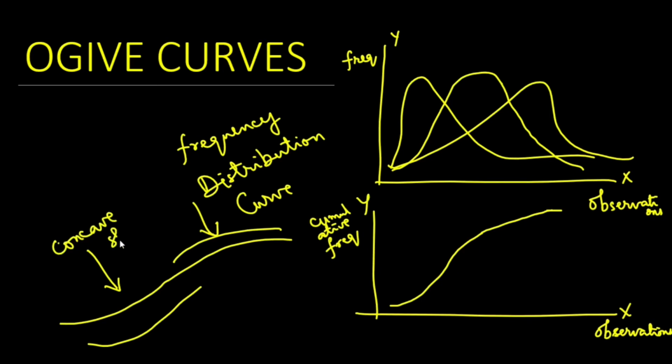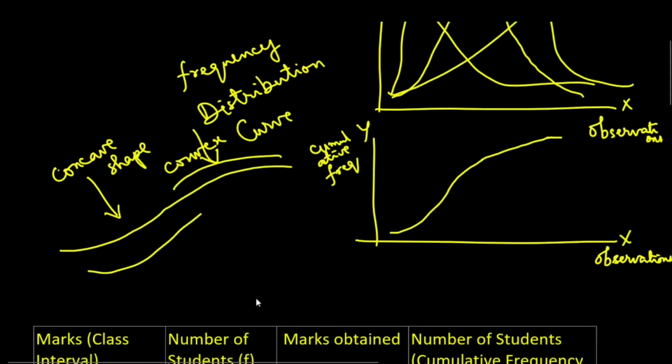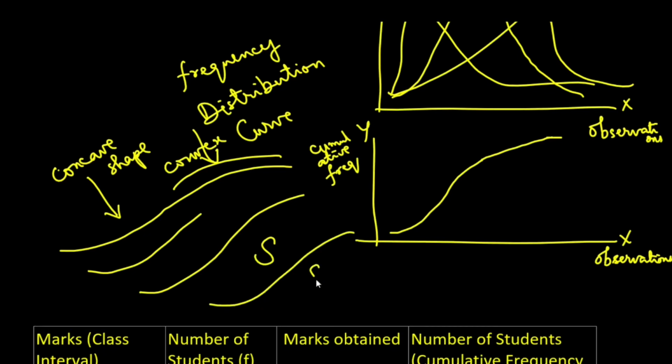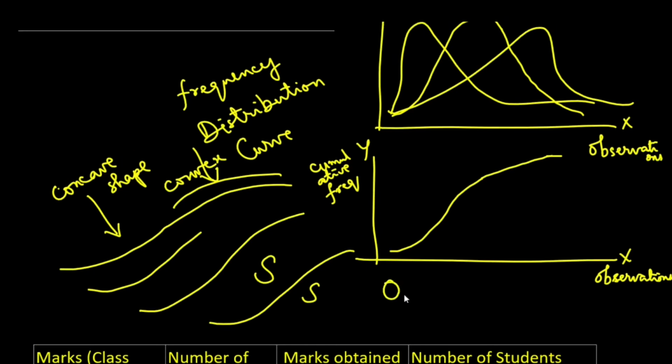This shape looks like S. These types of shapes were used in building constructions, and those constructions were called ogives. This word is pronounced as ogive.